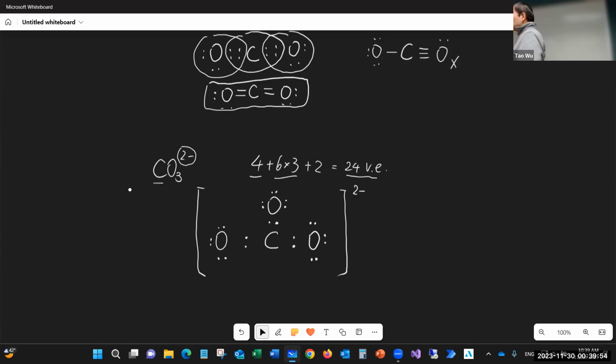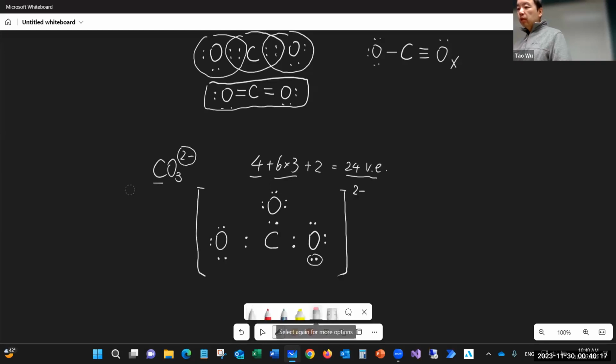Are you clear? Now you see this is short of only 2 electrons, so you just need to move one lone pair to the shared area, and then we're done. It doesn't matter which one you choose; they are all fine. Let's go for this one. You move it to the shared area, then this carbon will have an octet.